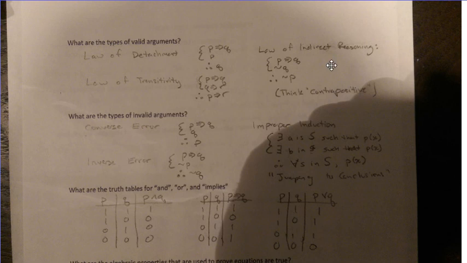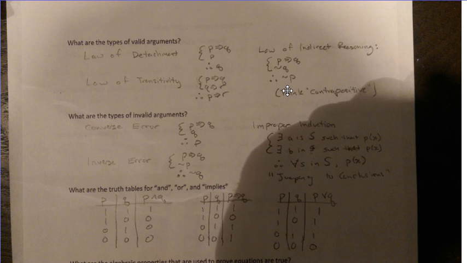So if we use that Ravens if-then statement again, if the Ravens win on Sunday, then their record will be 2-3, 2 wins and 3 losses. If their record is not 2-3, the conclusion we can make is they did not win on Sunday. And that again would be a true statement, or logically equivalent to the first statement.